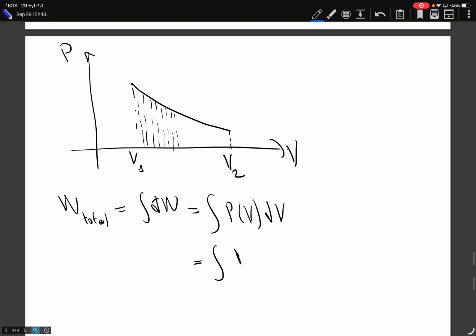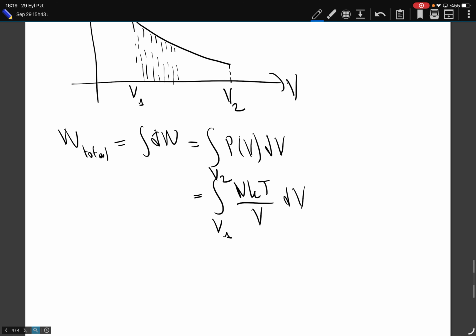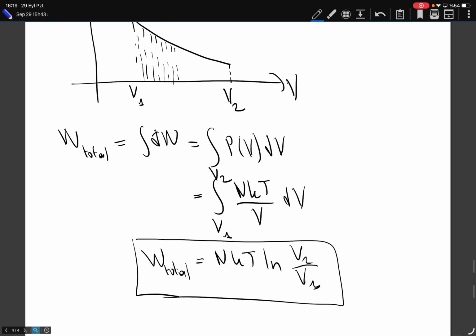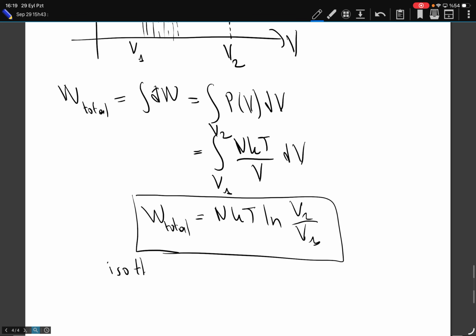Well, the pressure is nKT over V. The volume changes from V1 to V2. So this is nKT times logarithm of V2 over V1. The work done in this so-called isothermal expansion, from V1 to V2, is given by this expression over here.